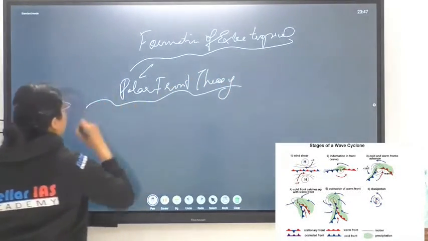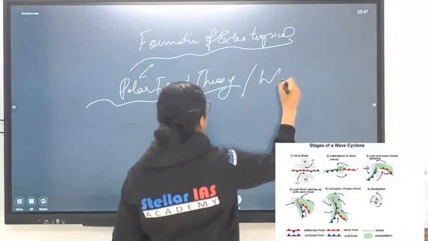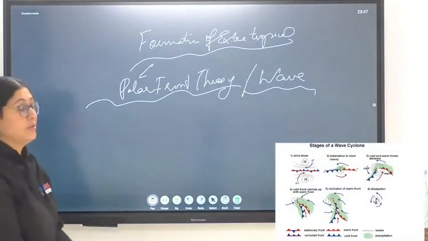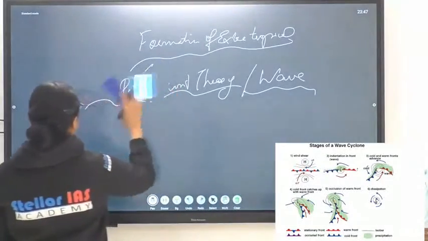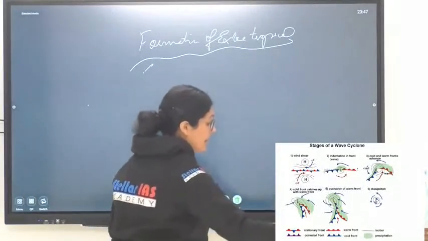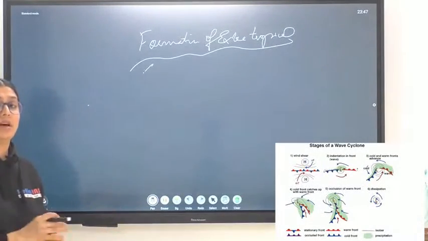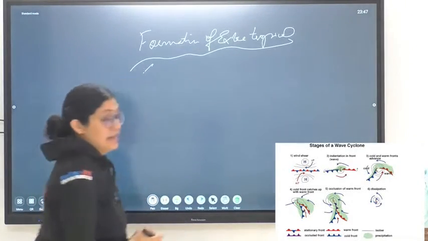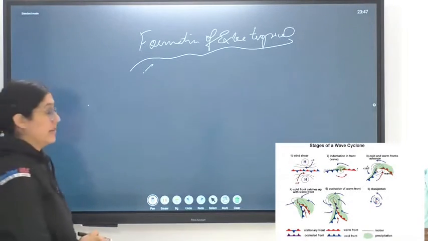It is because of this theory that extratropical cyclones are also known as wave cyclones. Some people also refer to them as baroclinic storms, right. So what does this polar front theory state? This polar front theory states that extratropical cyclones develop from a wave that forms along the polar front, right.